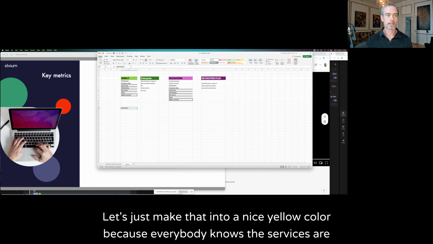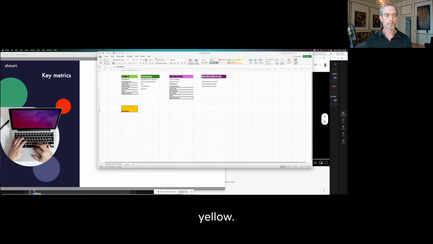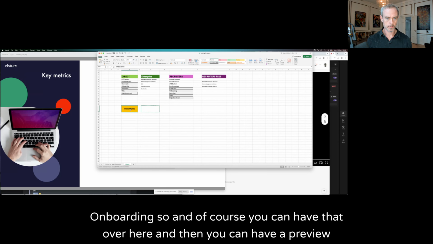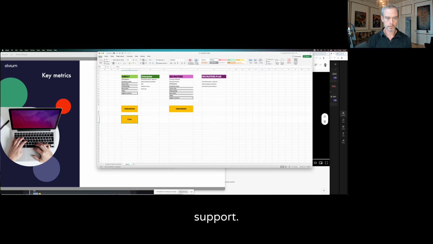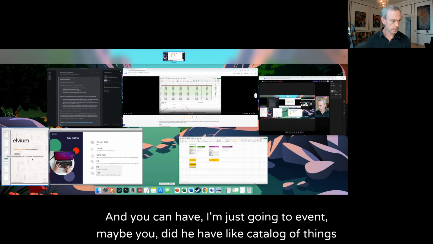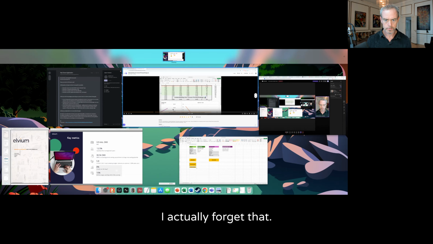Let's just make that into a nice yellow color because everybody knows the services are yellow. And we'll do this and we'll do this, right? Onboarding. And of course you can have that over here, and then you can have a premium support. And you can have, maybe did he have like a catalog of things that he wanted to do?